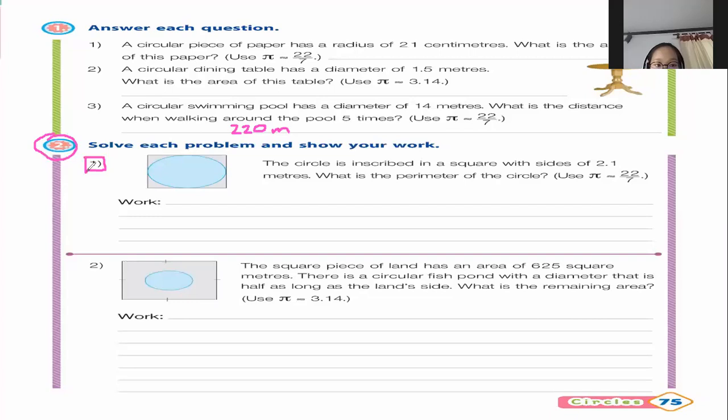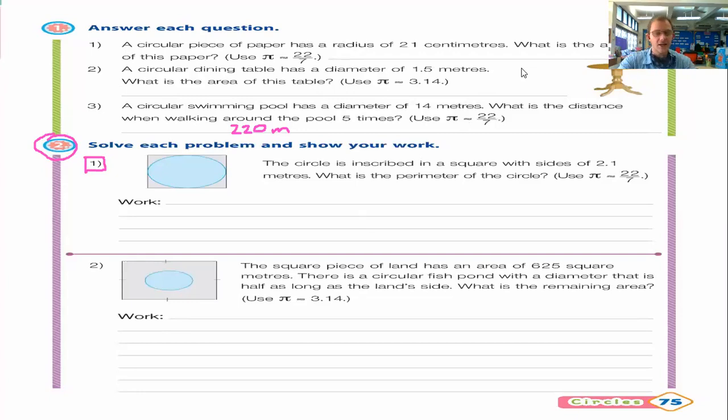The circle is inscribed in a square with sides of 2.1 meters. What is the perimeter of the circle? Excellent, excellent.